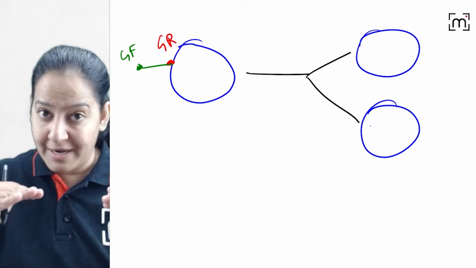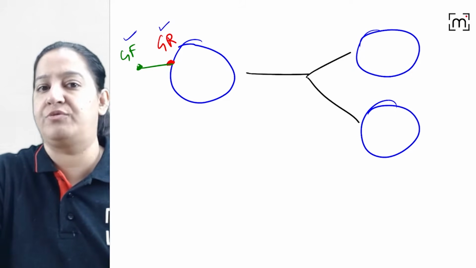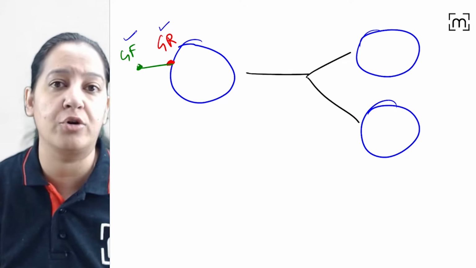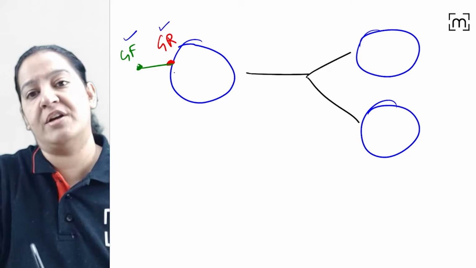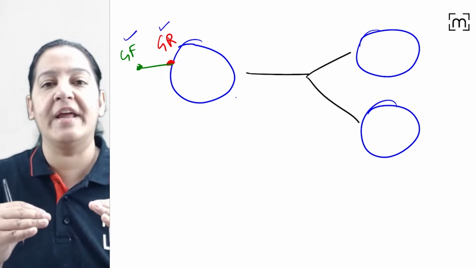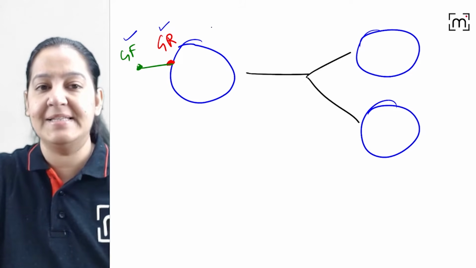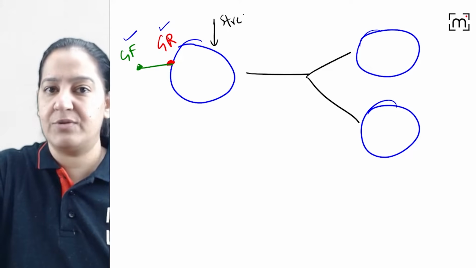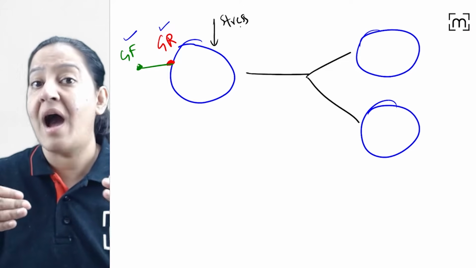So for mitosis to occur, 2 things are required. Number 1, growth receptor. Number 2, growth factor. Without which mitosis cannot take place. When growth factor comes, it will bind with growth receptor, and only then will the cell divide. So when the cell is normal, this is happening. But when the same cell is under stress, the cell wants to divide more and do hyperplasia.